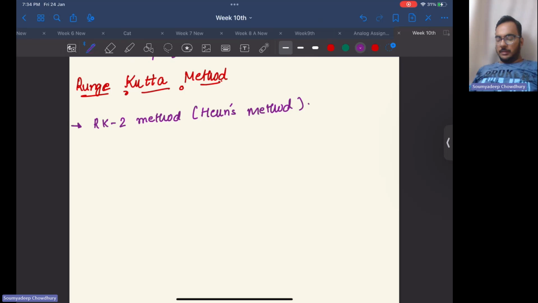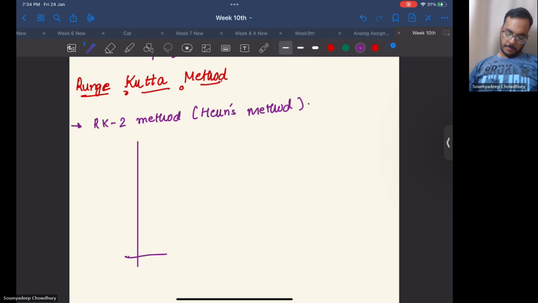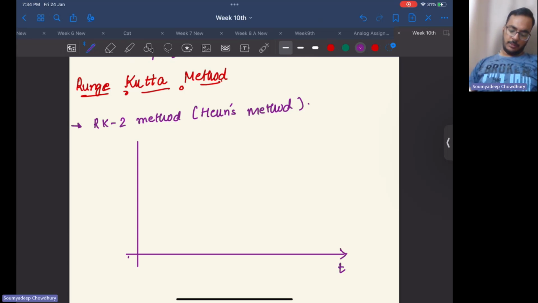Here also the objective and aim are the same. That is, yn is known at Tn, and we have to find out yn plus 1 at Tn plus 1. First, I'll draw the diagram. This is suppose T. This is my function, and I have my Tn here.